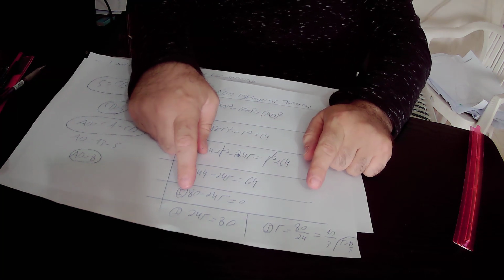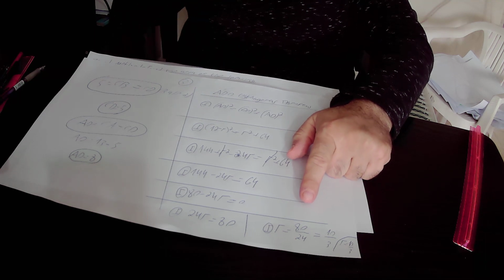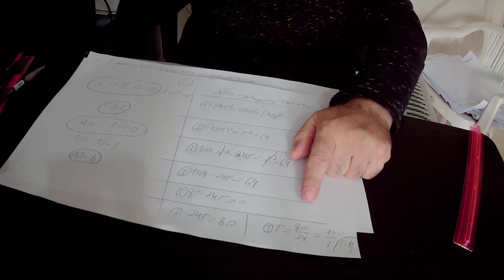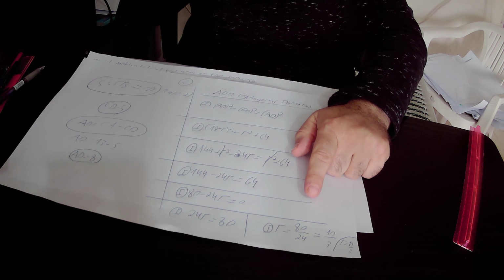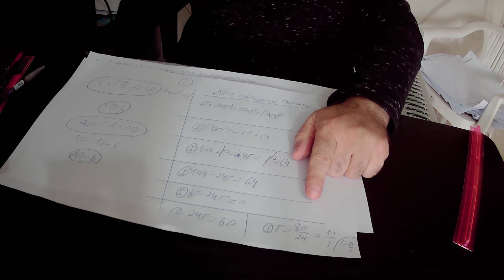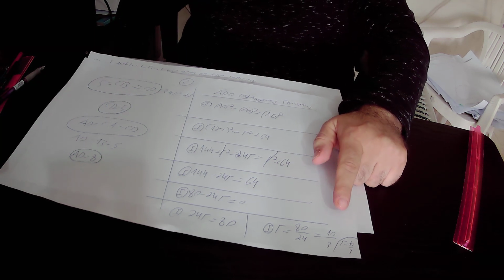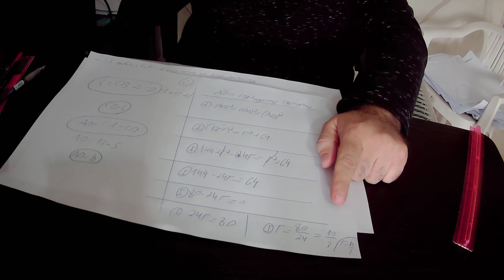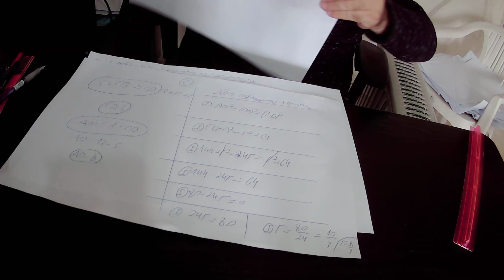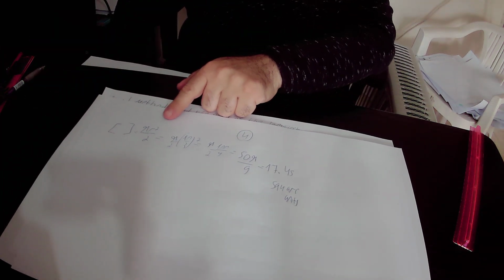Here we divided this equation by 24, and we got that the radius of the semicircle equals 80 over 24. Here we divided both the numerator and the denominator of this number by 8, and we got that 80 over 8 is 10, and 24 over 8 is 3. So in conclusion the radius of the semicircle equals 10 over 3 units, and the area of the semicircle is pi R square over 2.